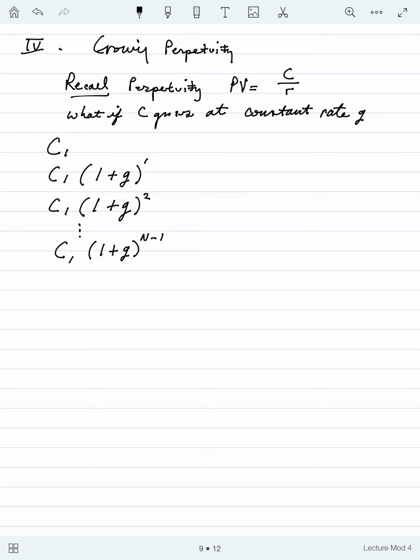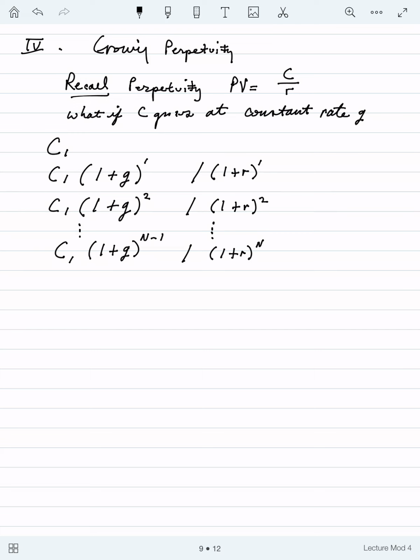In the first period, I would have discounted it by saying, well, let's go 1 plus r to the first. In the second period, we would have gone 1 plus r to the second, and so on, all the way through the last possible period. This would be 1 plus r to the n.